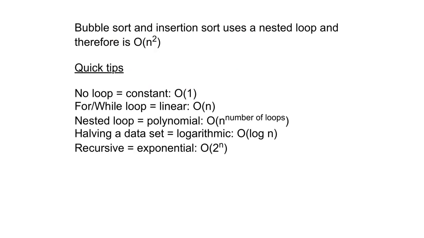The bubble sort and insertion sort use nested loops, and therefore their time complexity is O(n squared), or quadratic complexity. The quicksort and merge sort are a little bit more complex. In worst case, the quicksort would be O(n squared) time complexity, and the merge sort is a little bit beyond the specification in terms of calculating its time complexity.